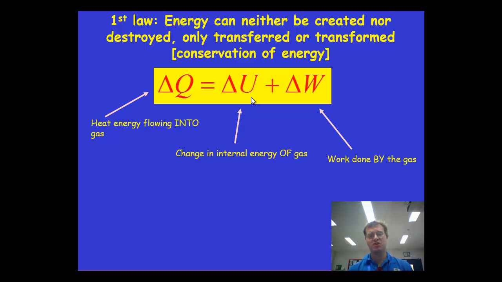That could be expansion, so that's an example of work. I'm going to go into that in more detail later on. So this is kind of our starting point, our reinterpretation of the first law of thermodynamics.